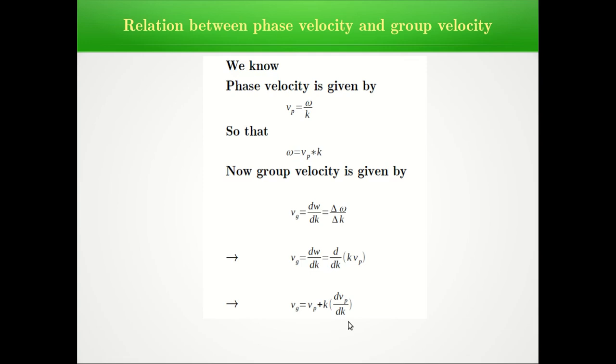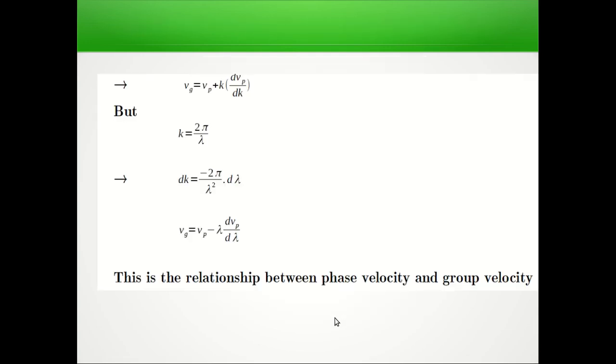We can even rearrange this equation to get the relationship in terms of wavelength. We know the relation k equals 2 pi by lambda. So, dk equals minus 2 pi by lambda square into d lambda. Substituting this value of dk in the expression, we will get group velocity equal to phase velocity minus lambda times the derivative of phase velocity with respect to wavelength.